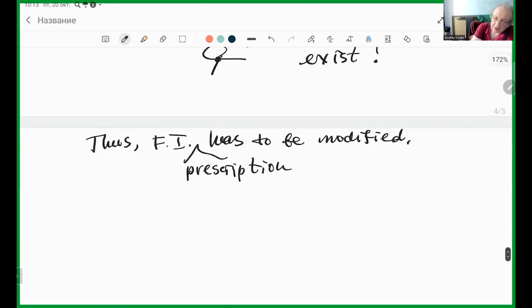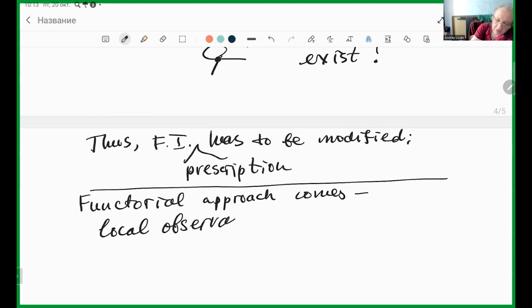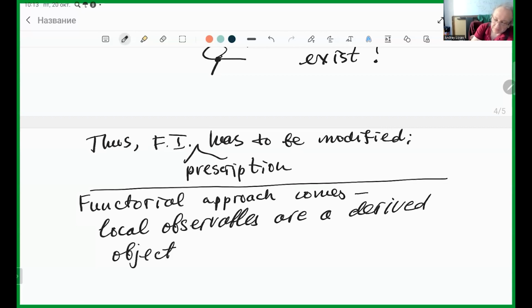And here, the functorial approach comes. It says local observables are a derived object obtained in the following way.